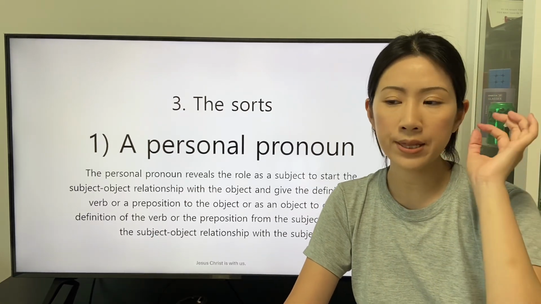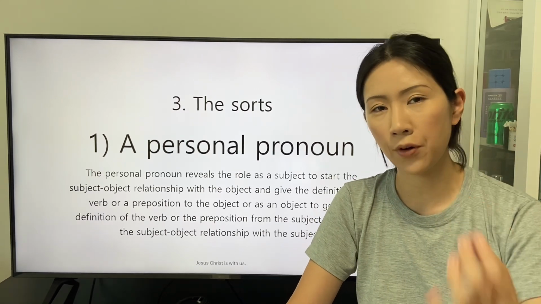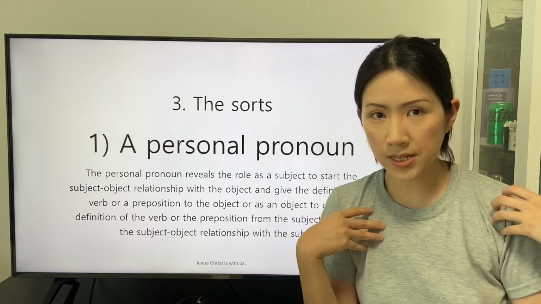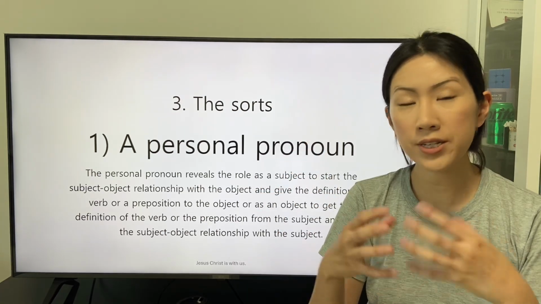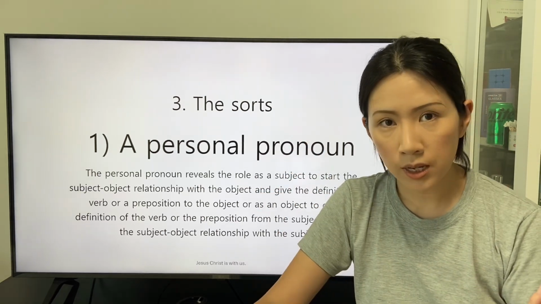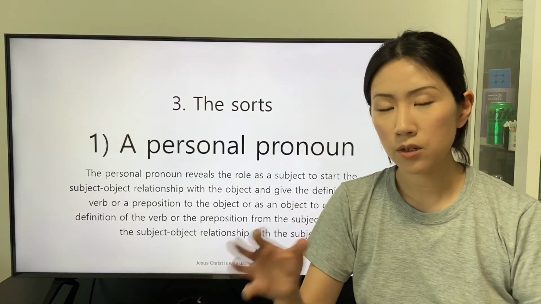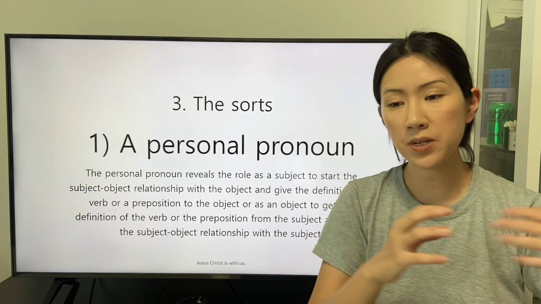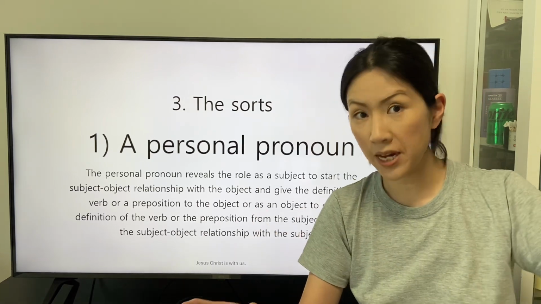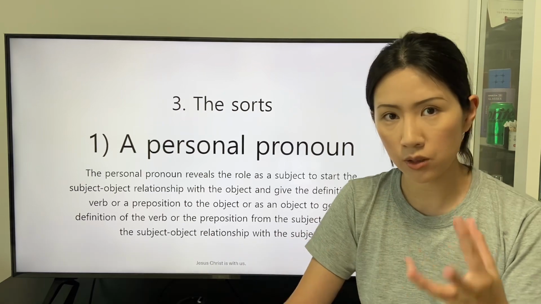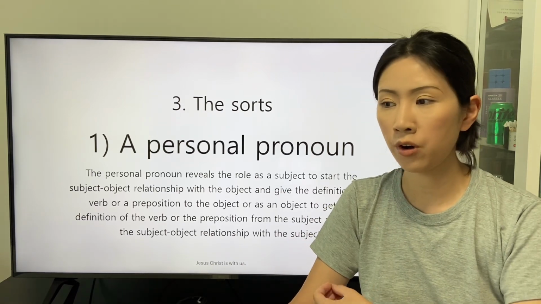In a case that the verb is a transitive verb, the object receives the definition of the transitive verb or preposition from the subject, and the object finishes the subject-object relationship with the subject as the object receives the definition of the transitive verb or preposition.